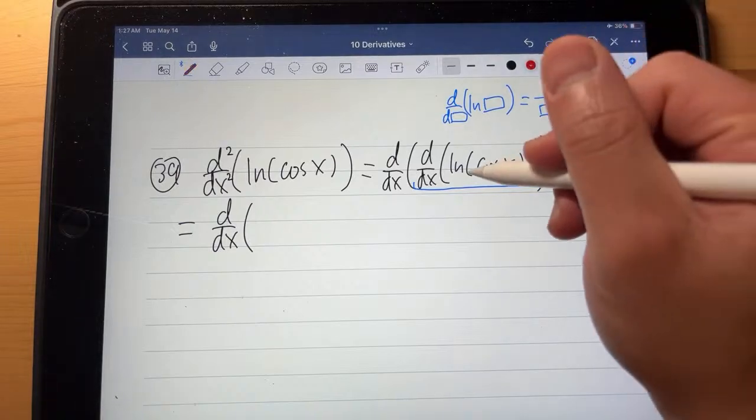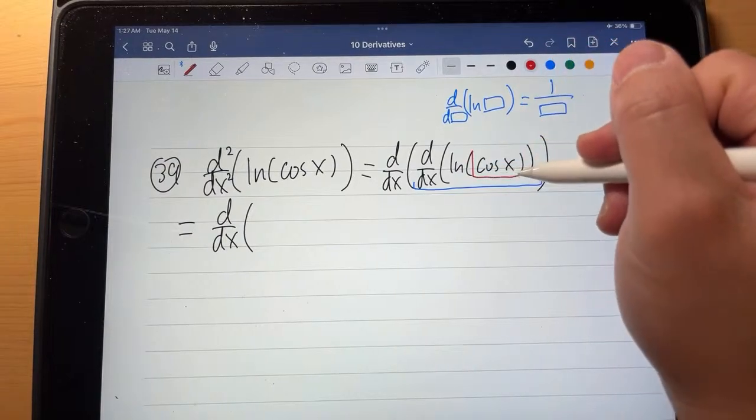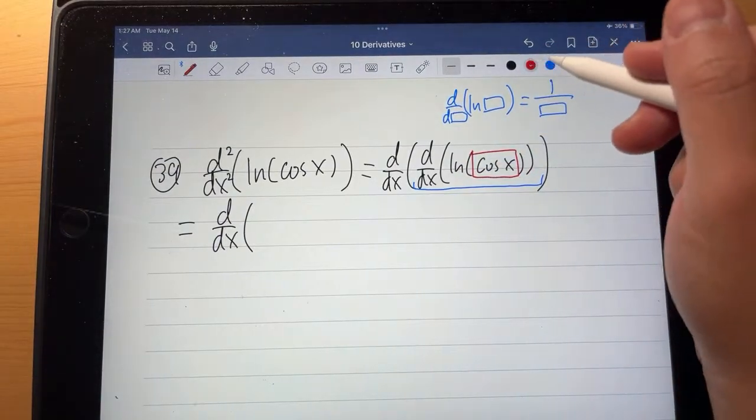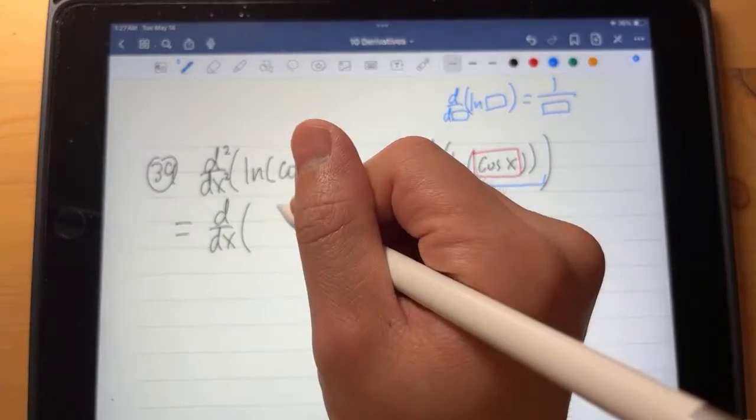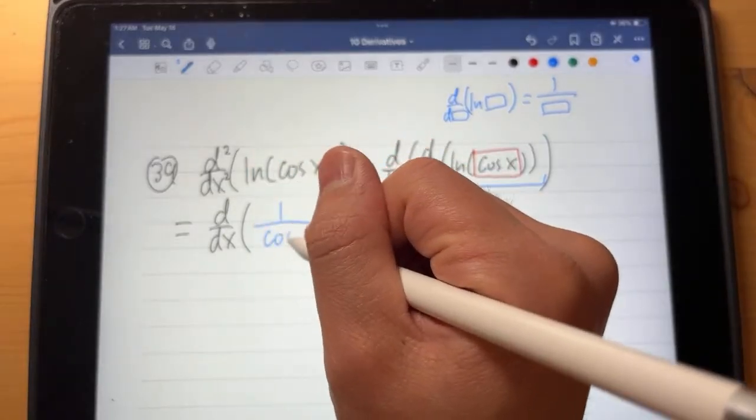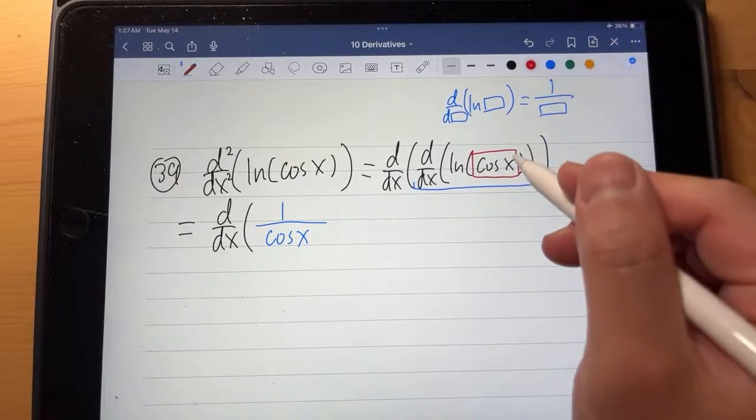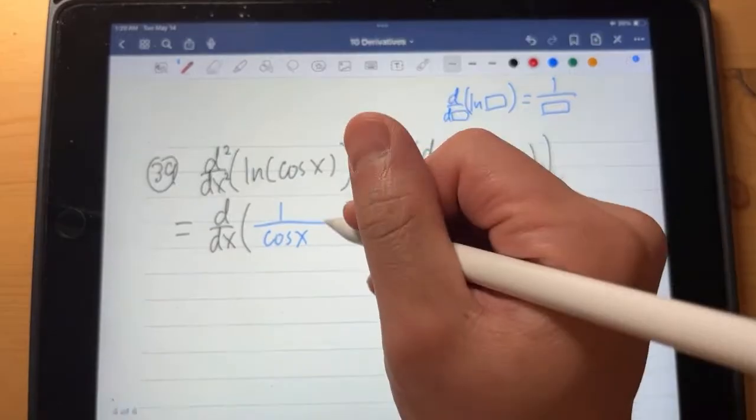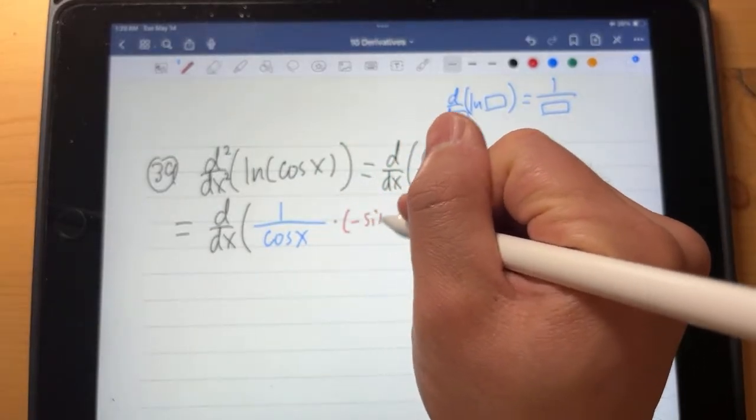So here we have ln of the cosine function. So it will be 1 over cosine x. Then we multiply by the derivative of cosine x, which is negative sine x.